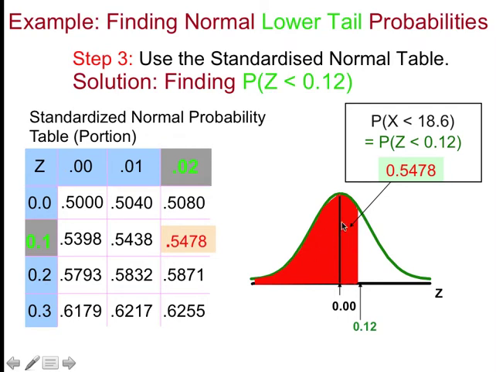So the probability that z is less than 0.12 is equal to 0.5478.